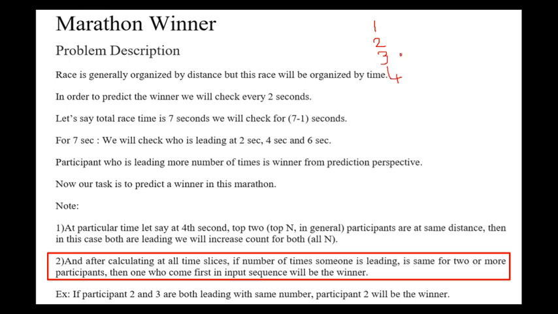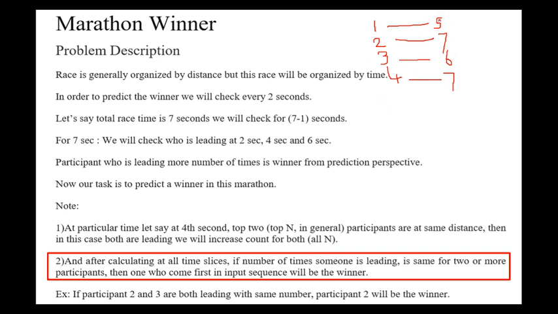Participant 1 is leading 5 times, 2 is leading 7 times, 3 is leading 6 times and 4 is leading 7 times. This is how I have the data. There are 4 participants and we have their leading count.